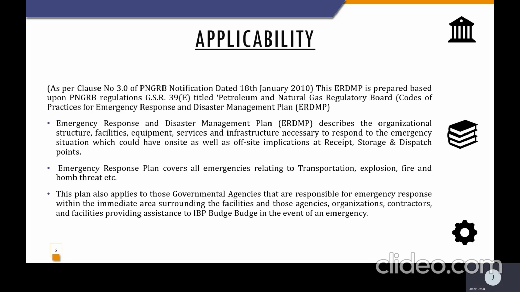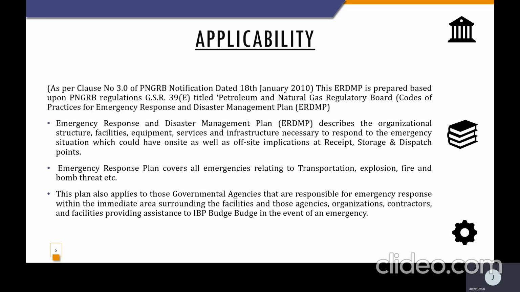It includes the ERDMP as the organizational structure, and it looks after the structure, facilities, equipment, services, infrastructure, etc., which are necessary to respond to the emergency situation, which could have on-site as well as off-site implications at receipt, storage, and dispatch points.